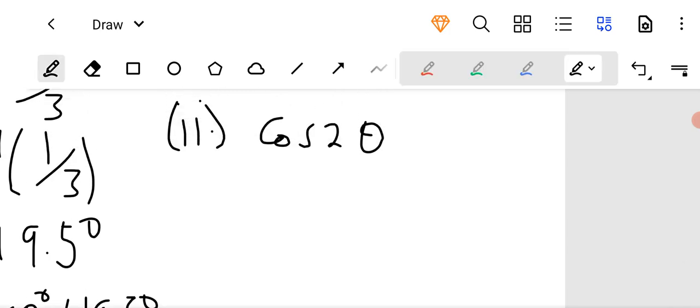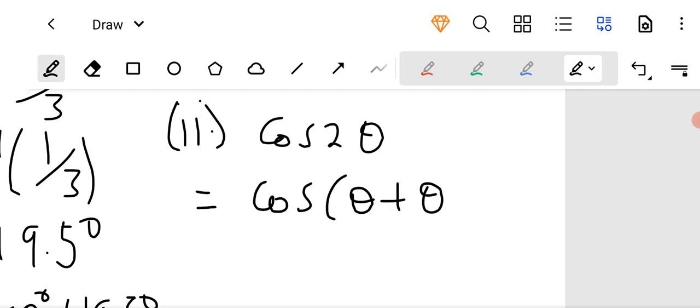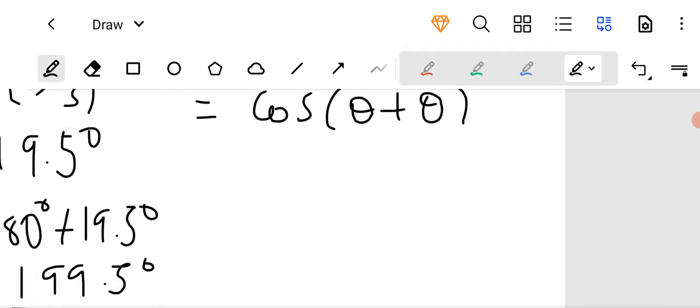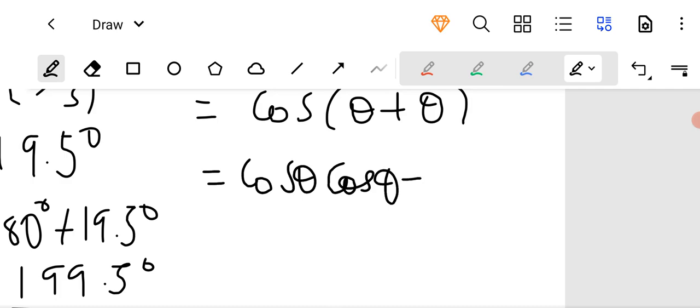It is equal to cos of theta plus theta, which will give you 2 theta in the brackets. Now how do we expand that? It's equal to cos theta times cos theta minus sin theta sin theta.